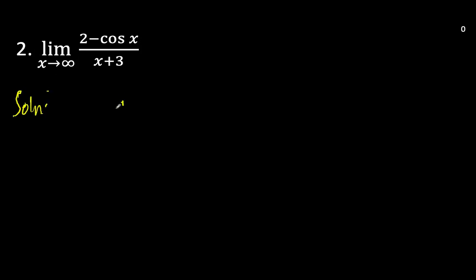I know that cosine x has a maximum value of 1 and a minimum value of -1. That's the range of the cosine function, from -1 to +1. Here, I want to express this compound inequality in terms of 2 minus cosine x. So for me to do that, I will multiply all of the terms by -1.